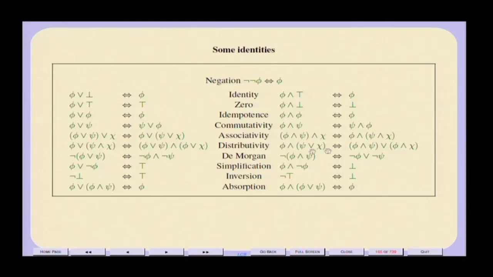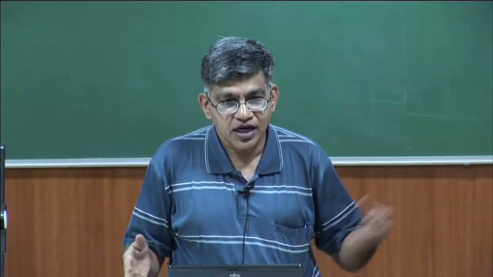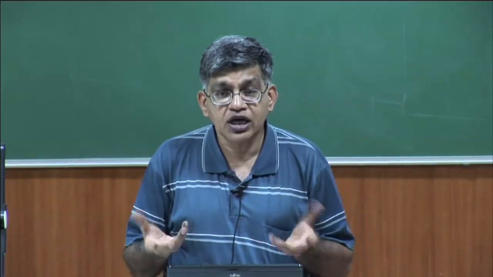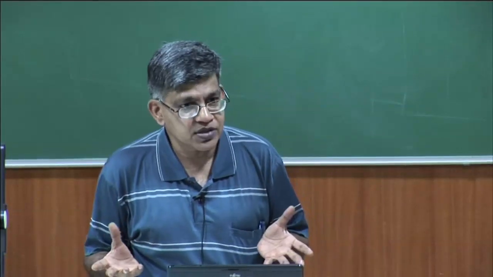Your distributive laws create copies. So, take phi and psi or chi, phi and psi or phi and chi. If you have a huge number of ands and ors and you are going to start distributing them, you are going to keep creating multiple copies.